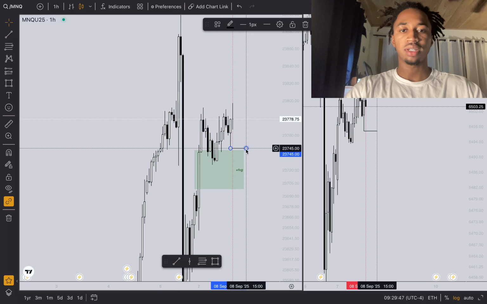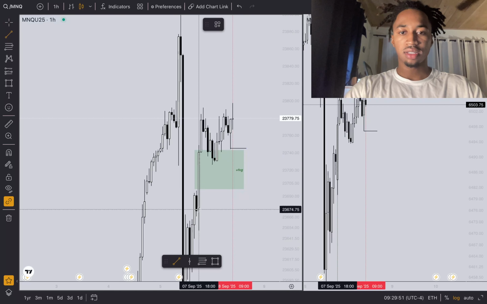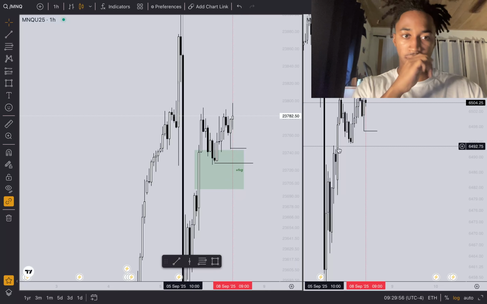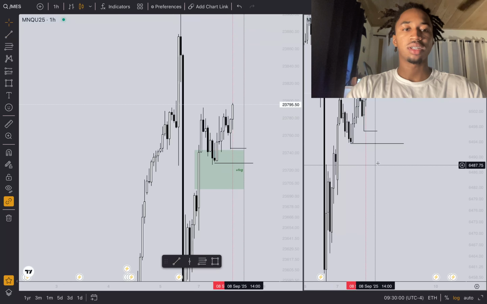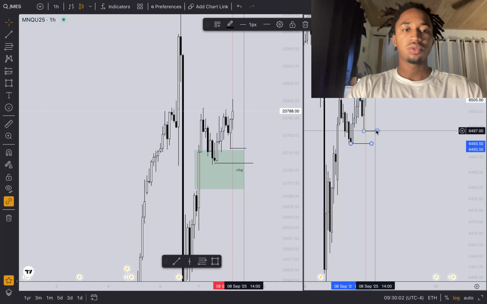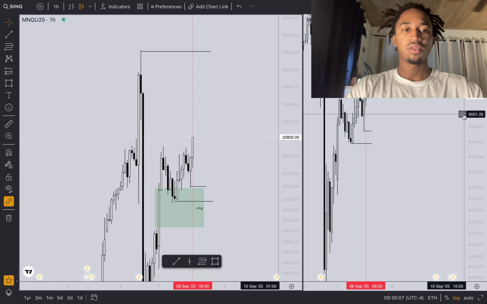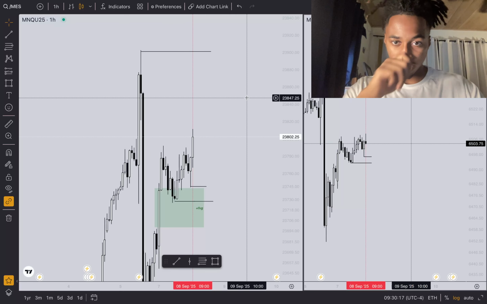If we could sweep those out, forming an SMT, maybe even these lows inside of this gap and getting a rebalance off of it, forming an SMT, those would be optimal conditions for this morning. Of course, the drawn liquidity is these highs on both ES and NQ, because as you guys know, they trade together.